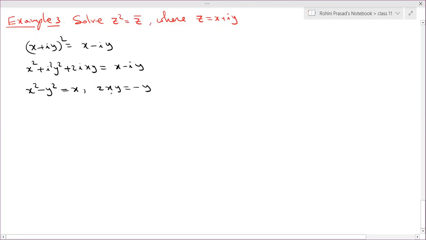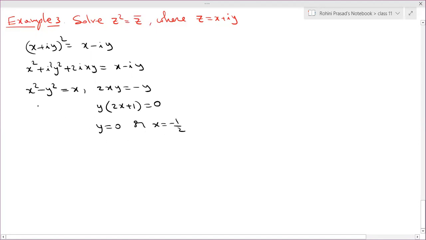Now the second one is easy to solve. If you bring the y to the LHS and take y common, y(2x + 1) equals 0. So y equals 0 or 2x equals minus 1, that is, directly you can write x equal to minus 1 by 2.